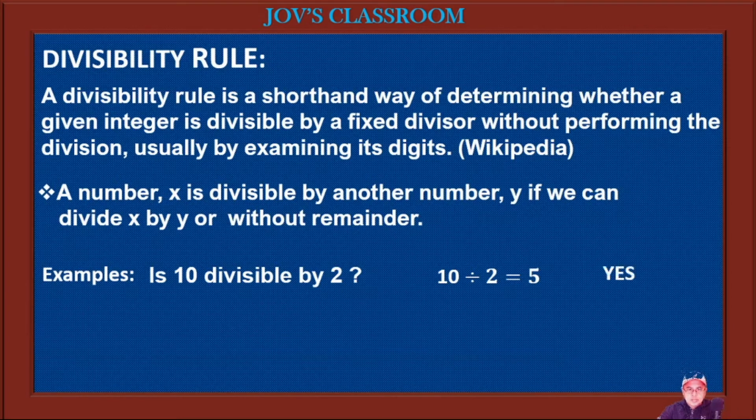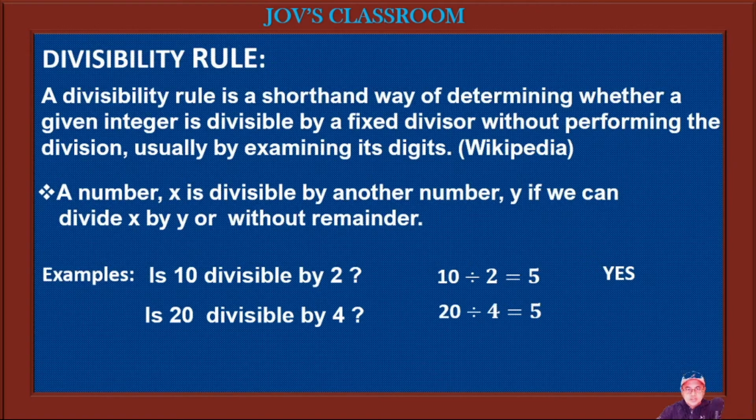Okay. Another example: is 20 divisible by 4? Yes, by inspection, it is. Because if you divide 20 by 4, the answer is 5 also. 20 is divisible by 4, so therefore the answer is yes.